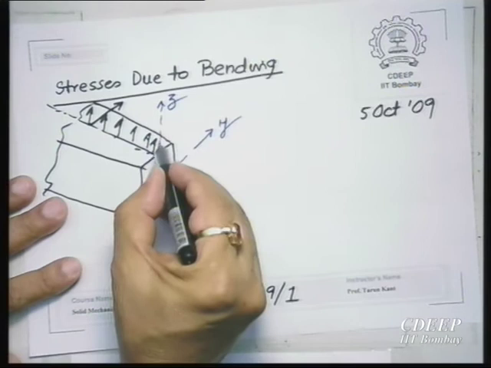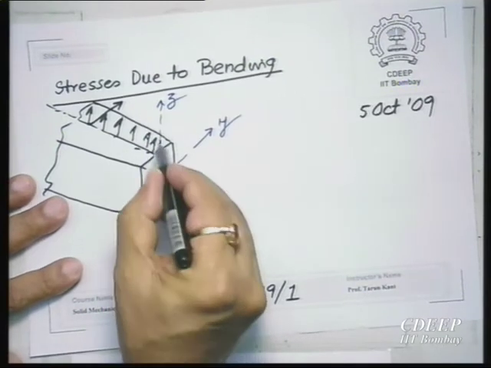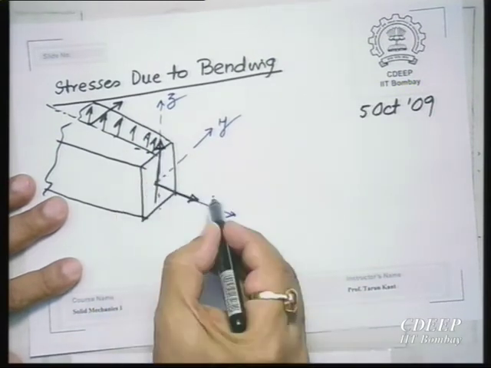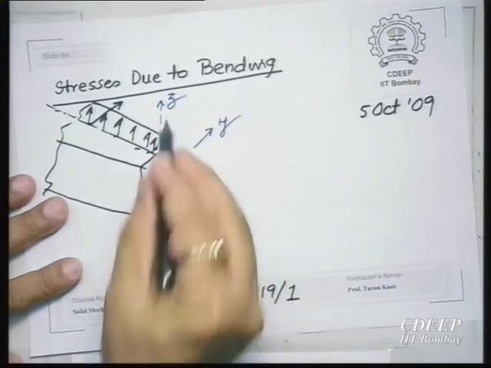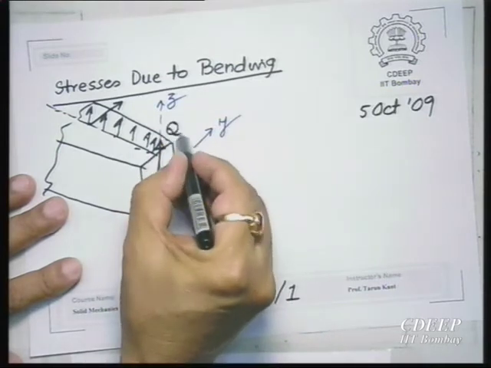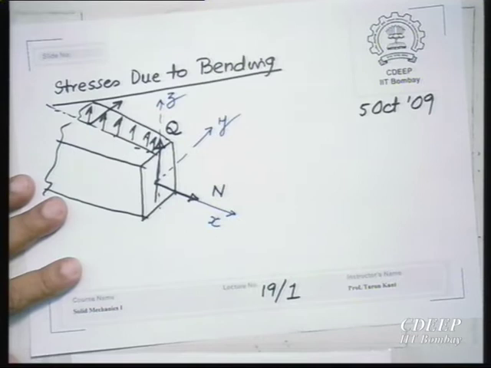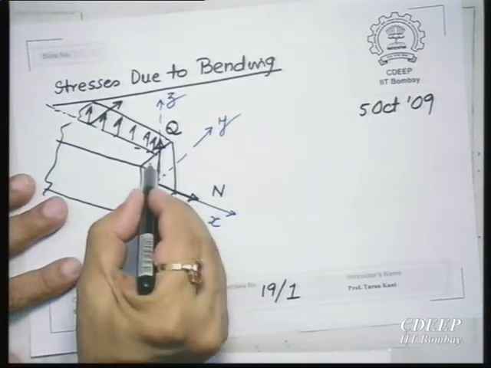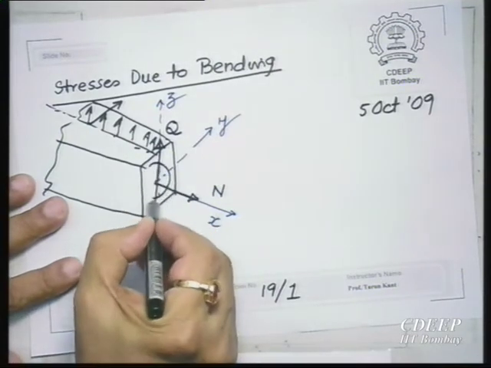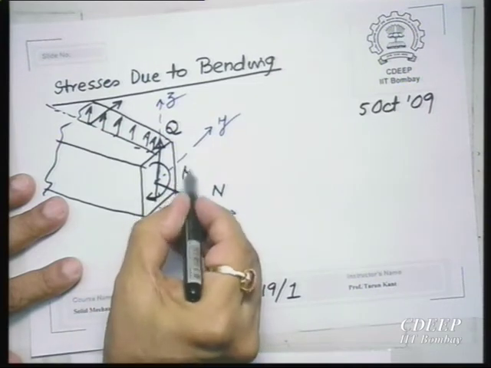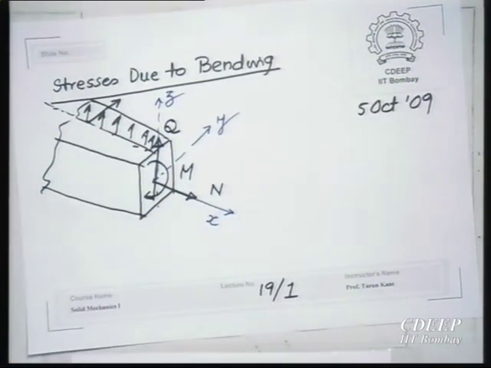At this cross section we have seen that you have axial force N, shear force Q, and bending moment M about the y axis. So in general we have three forces that exist at any cross section along the length of the member.